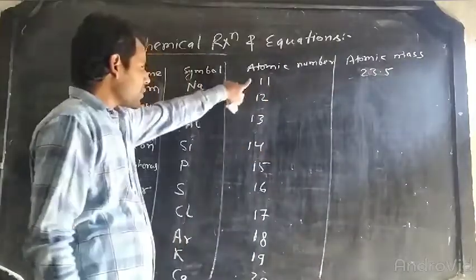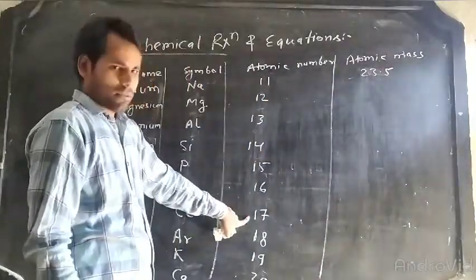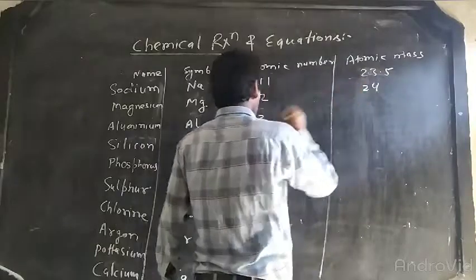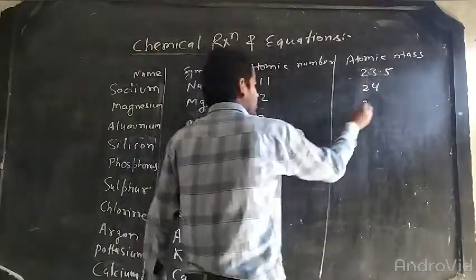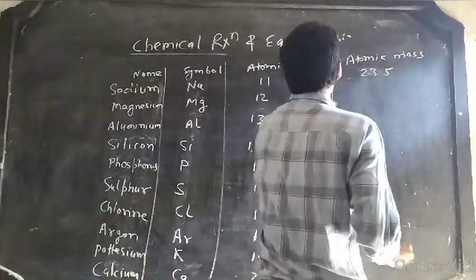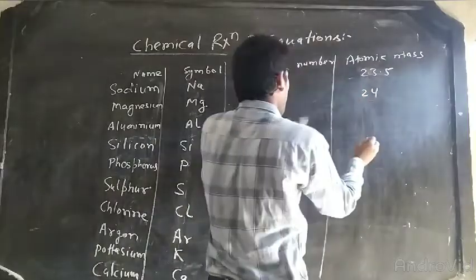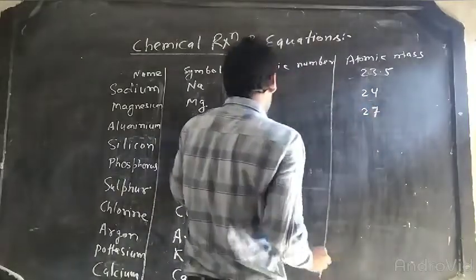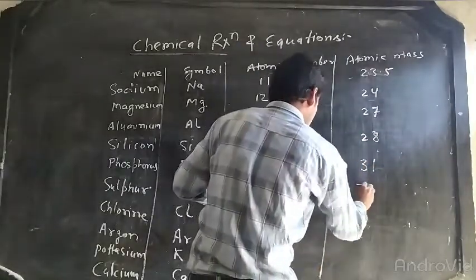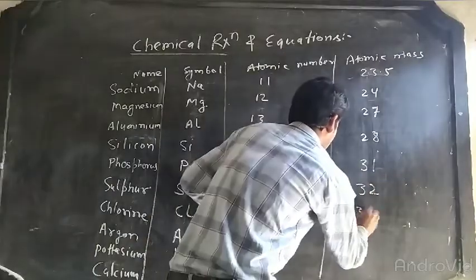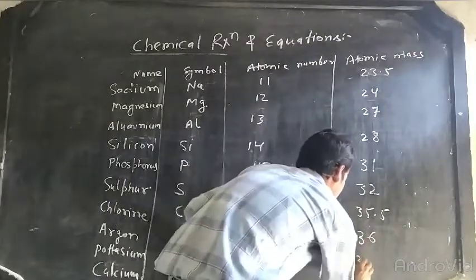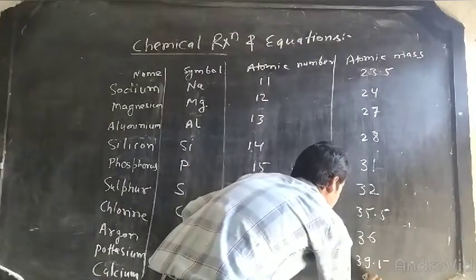If the number is odd, we double it and add 1, and if it is even, we only double it. 12 means 24, 13 means 27, 14 means 28. The atomic masses are 23, 24, 27, 28, 31, 32, 35.5, 36, 39, and 40.